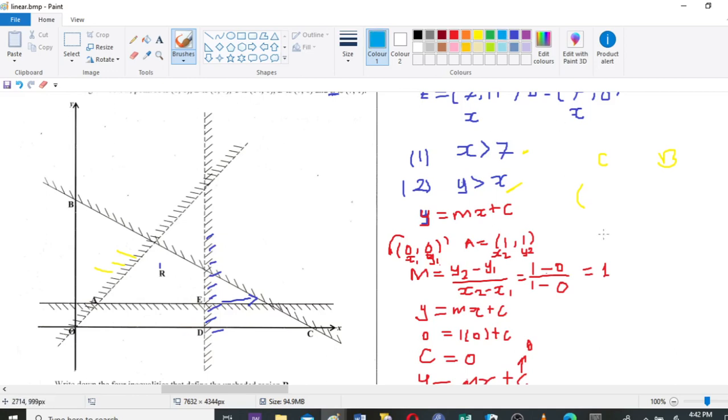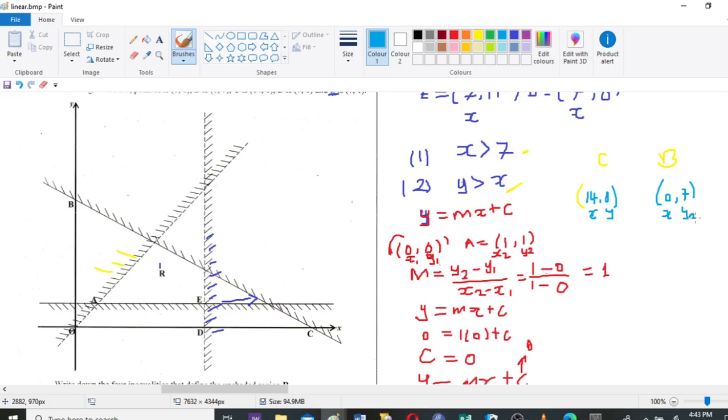Let me change the color here. So for C you have 14, 0, your x coordinate and your y coordinate. And then for B you have the coordinates 0, 7. Here we have your x value and your y value.